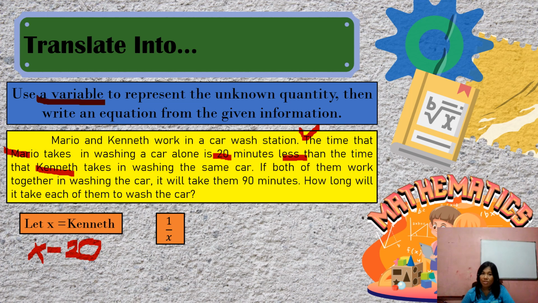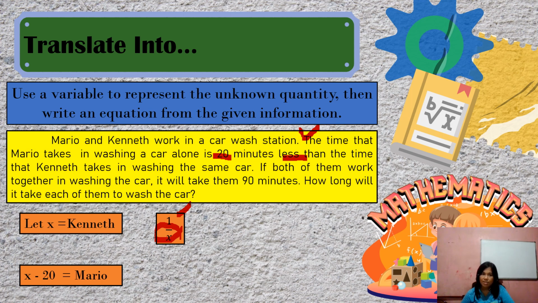So, kunin natin yung rate ni Kenneth. Simple lang naman yung gagawin natin. Let's just put x below. Gawin natin denominator yung x. And syempre, laging 1 yan. Laging 1. Kasi isa lang naman si Kenneth. Okay? So, tapos, tingnan natin kung tama yung kay Mario na ginawa natin. Okay, so x minus 20, tama naman. So, tanggalin na natin yung kalat para makaproceed tayo. Okay, ganun lang yung ginawa ha, work backwards.